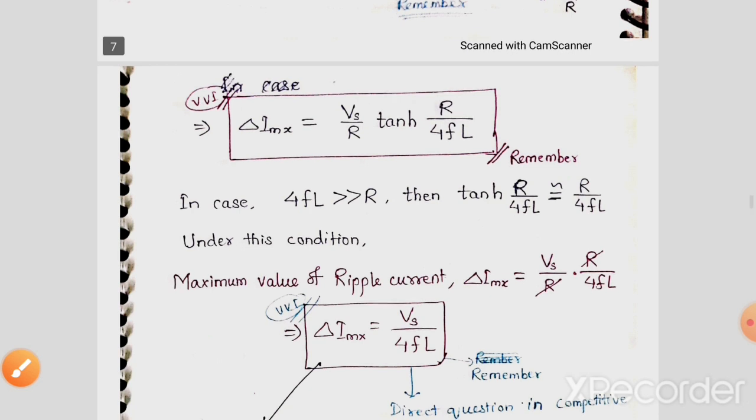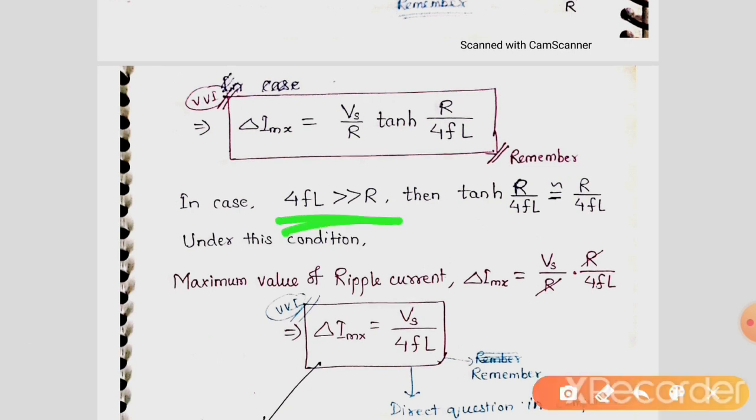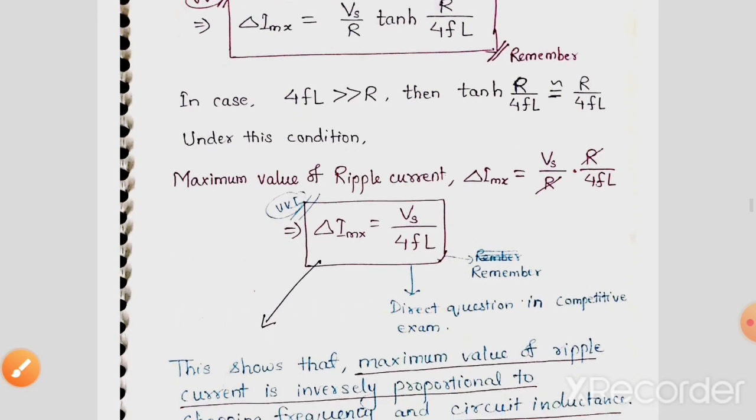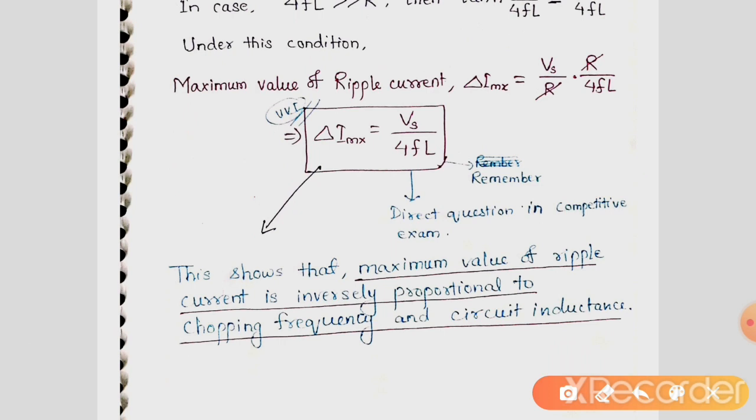So under this condition, the maximum value of ripple current will be delta I max is Vs upon R upon 4FL, and finally the simplified value is delta I max is Vs upon 4FL. This is a very important expression, you must remember it. In competition they are asking such type of question.